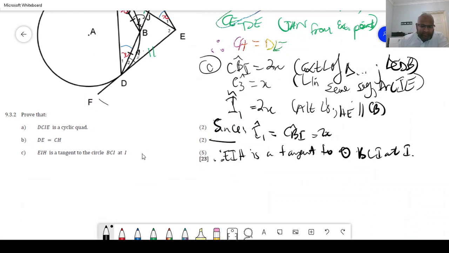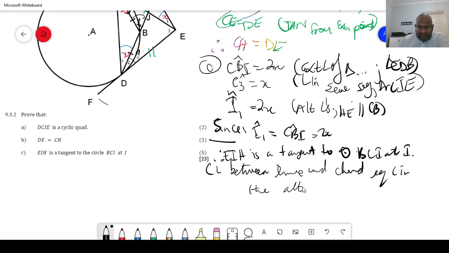The converse of the tan theorem, or the proper wording, which is angle between line and chord equal angle in the alternate segment. That is the converse of the tan chord theorem.